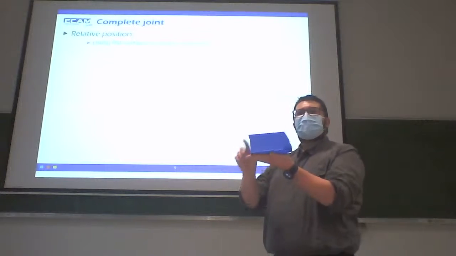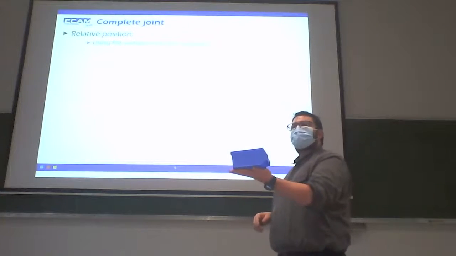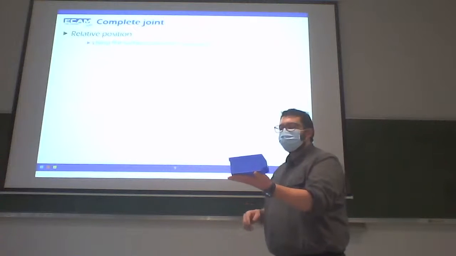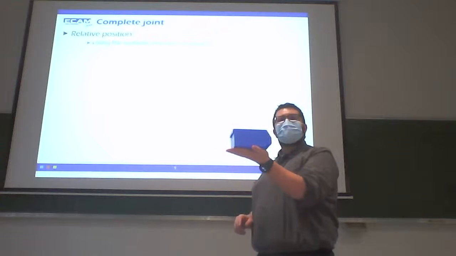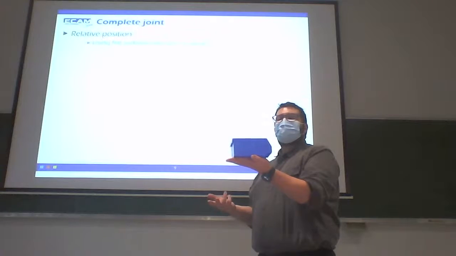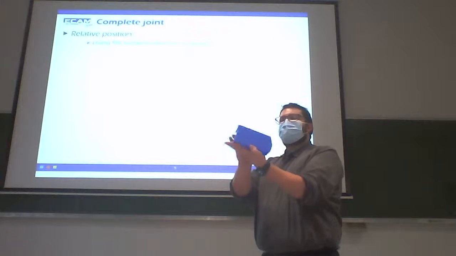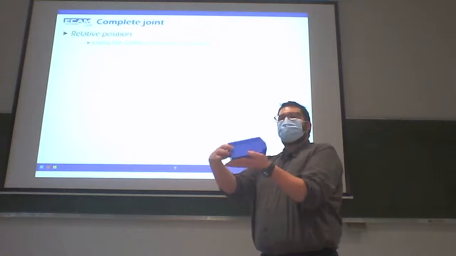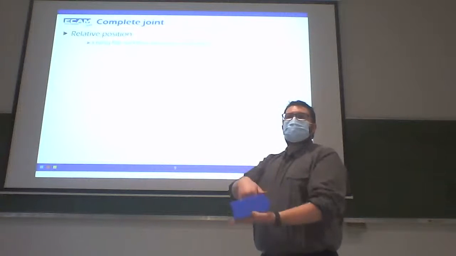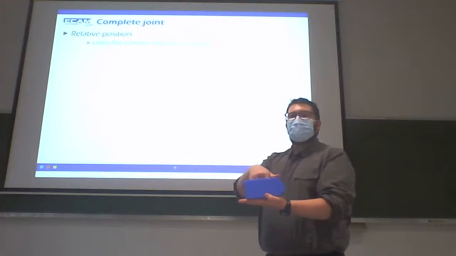Planar contact, 3 degrees of freedom. So when I realize a planar contact between two parts, I remove 3 degrees of freedom. This rotation is not possible. If I rotate one part, the second rotates also. The same for this translation.